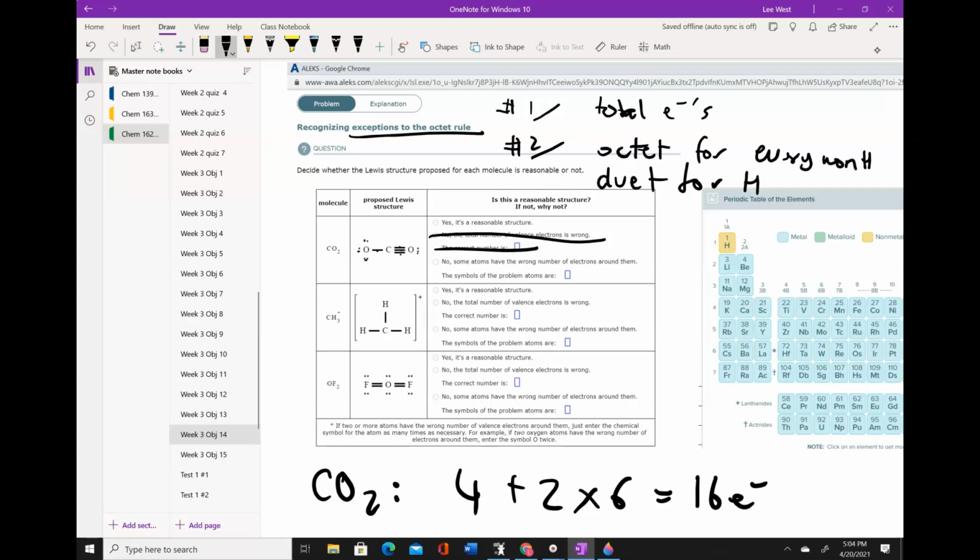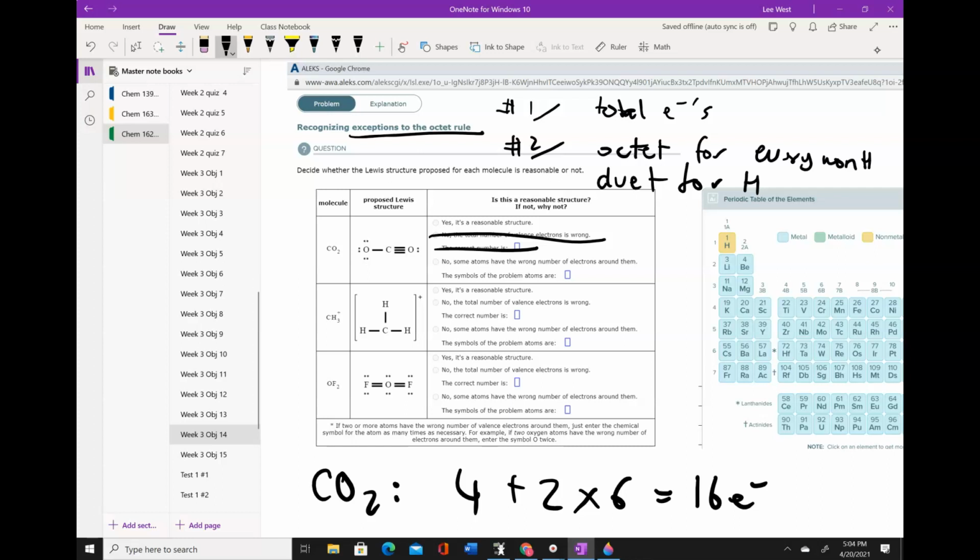Now, does every atom have an octet? Let's see what we've got going on here. 2, 4, 6, 8. The oxygen on the left seems to have the correct number of electrons.